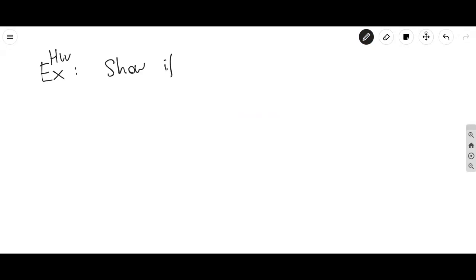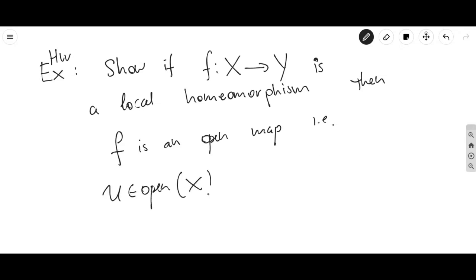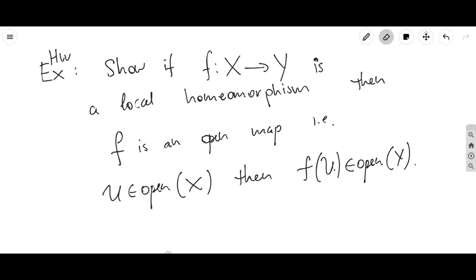Show that if f from X to Y is a local homeomorphism, then f is an open map, i.e., if U is open in X, then f of U is open in Y. Not particularly that hard, but it's nice to practice these definitions.